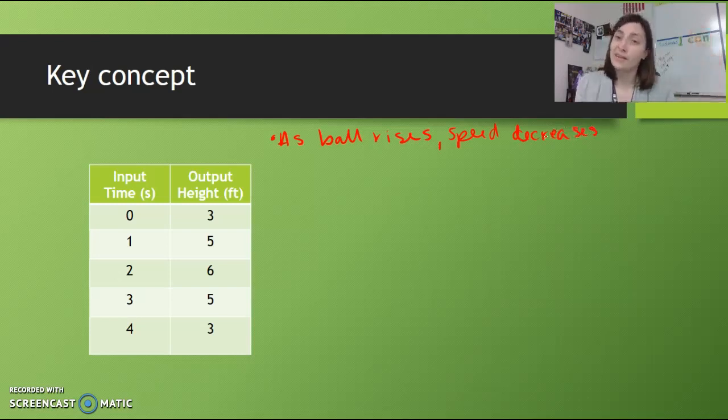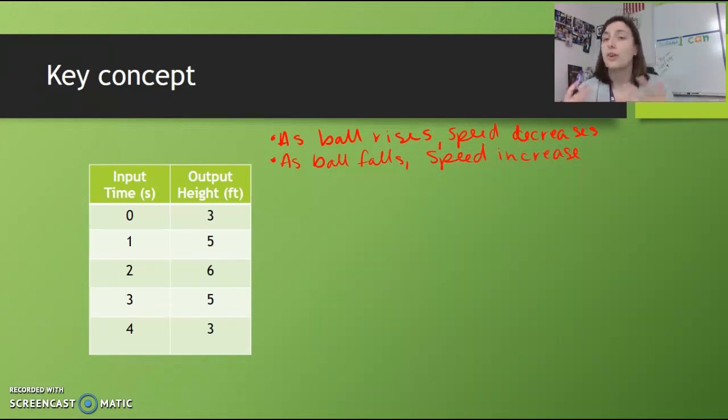Now, as the ball falls, the speed will increase. Because both of these things are happening within the same function, as the ball goes up, it reaches its highest point and then it comes down.